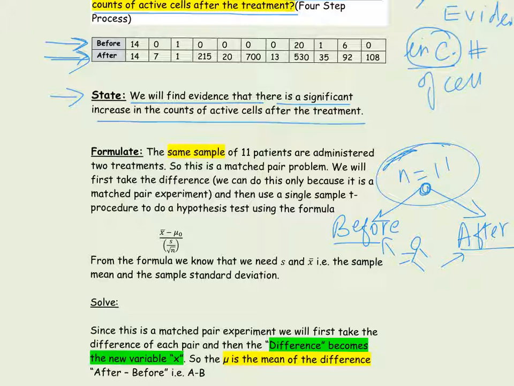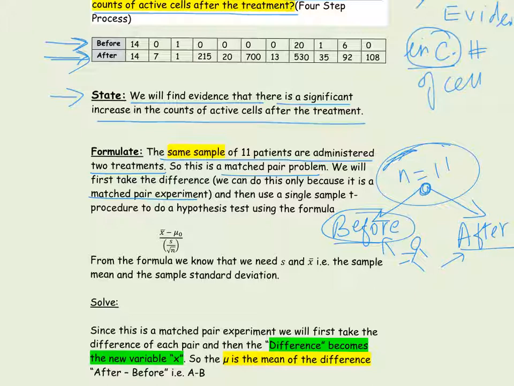So it is clearly a matched pair experiment, and it's important to say this in your formulation. Explain why it is a matched pair experiment. The same sample of 11 patients are administered two treatments, and we can think of the before measure as a treatment. So it is a matched pair problem. You not only have to say that it's a matched pair problem, but you also have to say why it is a matched pair problem.